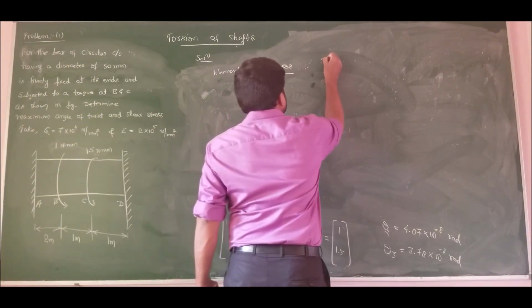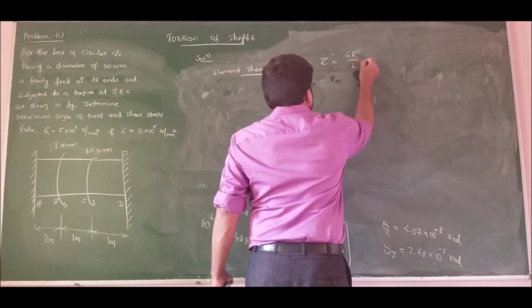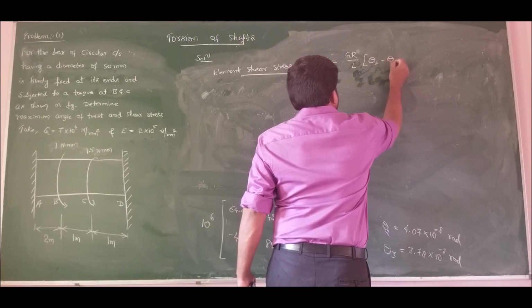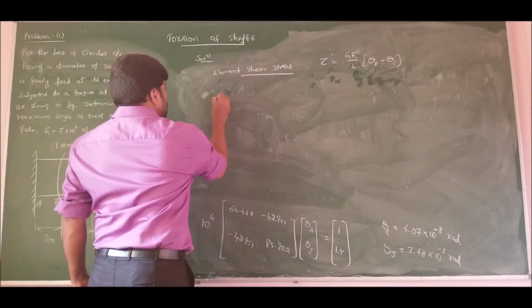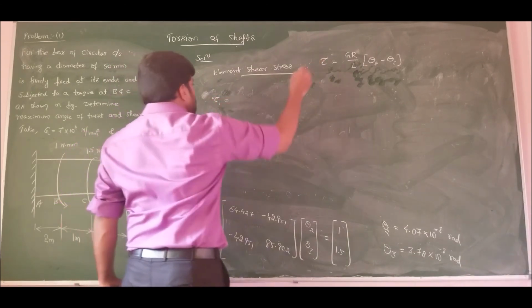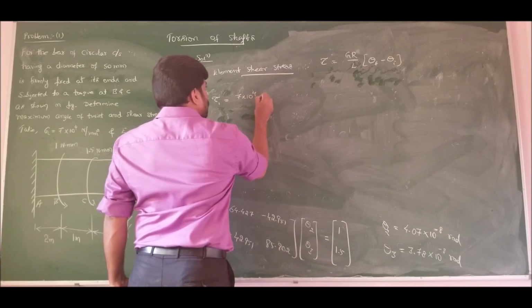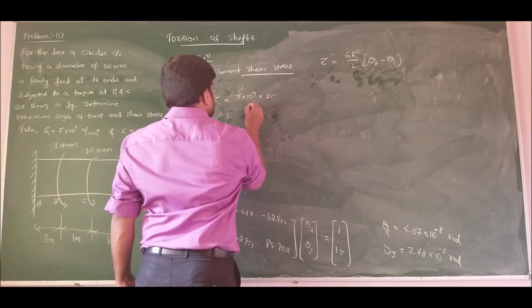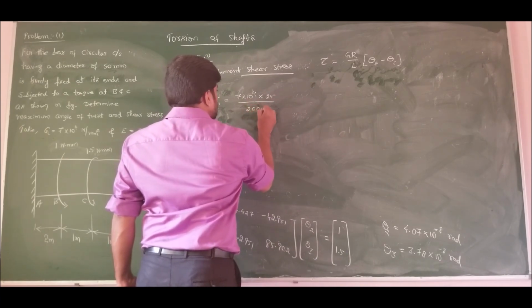Elemental shear stress tau is equal to G into R by L, into theta final node minus theta initial node. Moving to element 1, tau 1 is equal to G is 7 into 10 to the power of 4, radius is 25 millimeters, length is 2000 mm.